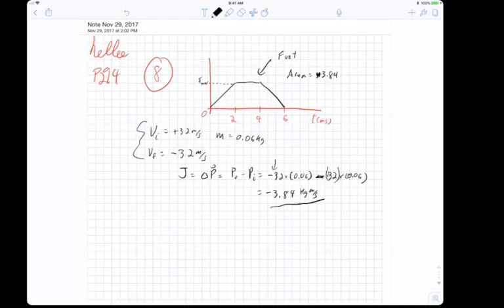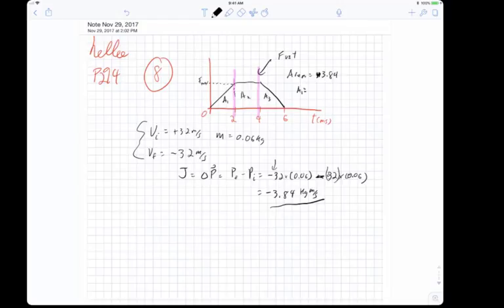I'm going to divide this up into pieces. The first piece is a triangle. I'll do it like this, A1, A2, A3. So the area 1 is a triangle.